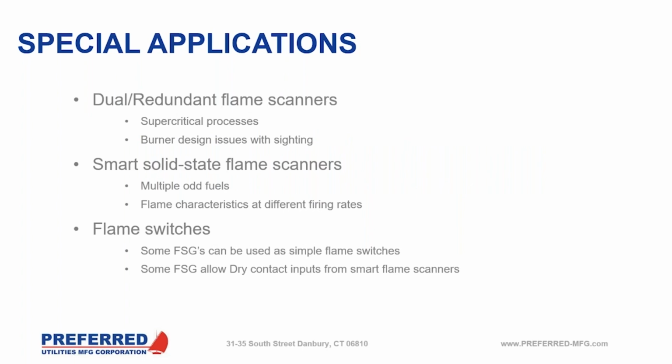Now, let's talk briefly about special applications. There are going to be applications where it's a supercritical process and they may want dual or redundant flame scanners. This can be done on certain flame scanners, and certain flame safeguards will allow you to have two, for instance, UV scanners in parallel. They may also allow you to have two IR scanners in parallel, depending on the flame safeguard.